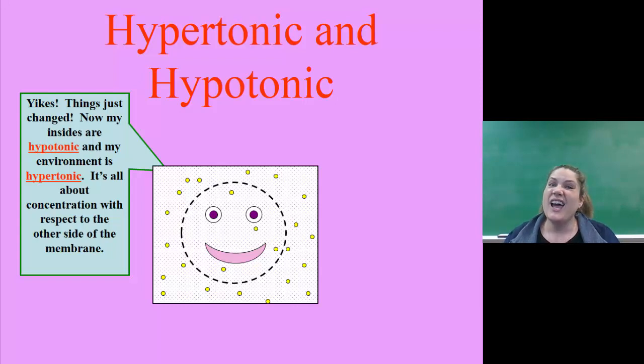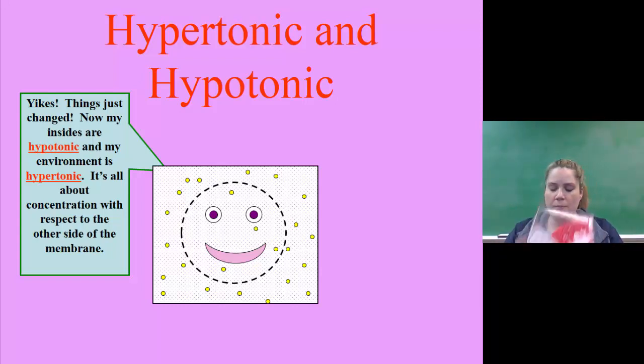Okay, so it's not always that way though. Sometimes outside the cell can be a hypertonic solution and inside the cell can be a hypotonic solution. So you can't always memorize, oh, inside is this, outside is this. You have to look at the situation because the situation can change based on the environment the cell is in. Wherever you have a higher concentration of solute, that's where you've got a hypertonic solution. Wherever you have a lower concentration of solute, that's where you have a hypotonic solution.